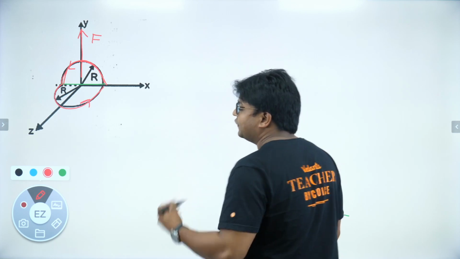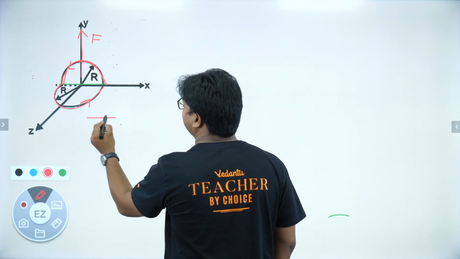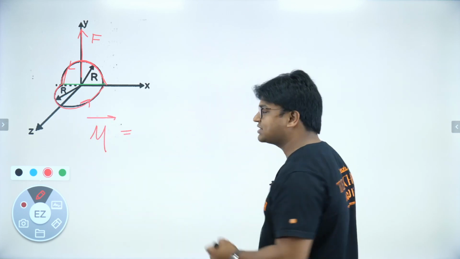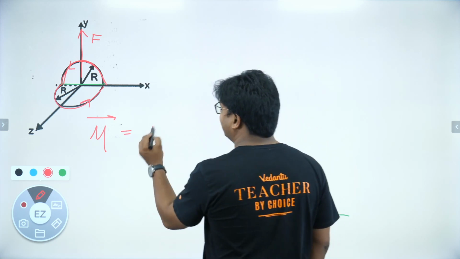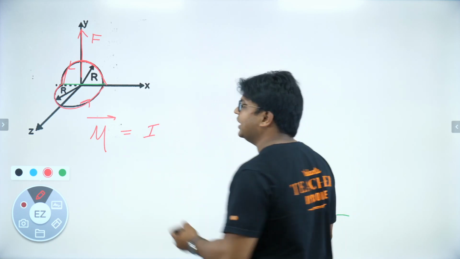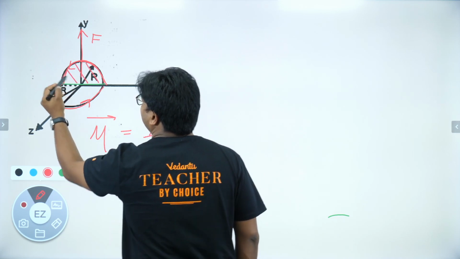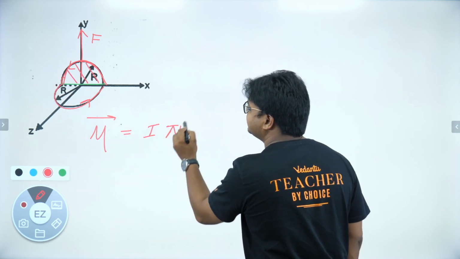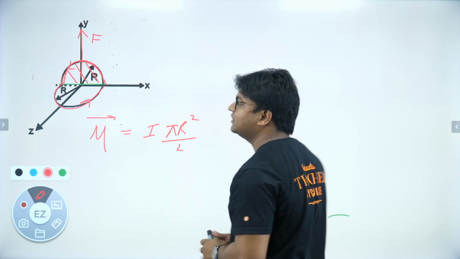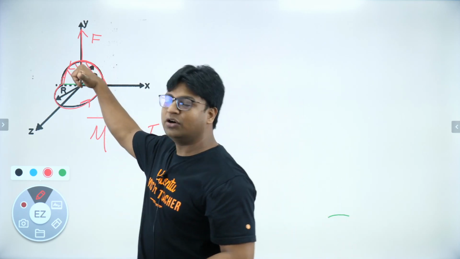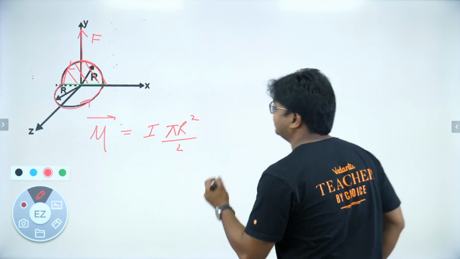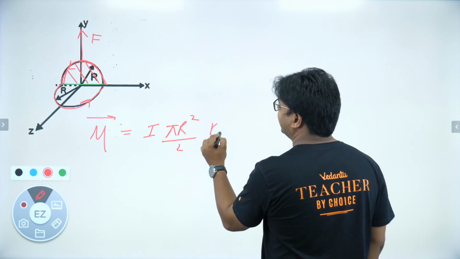For example, if you now ask me about magnetic moment, it is written as current into area. So current is I, let's say. Now what about the area? For this area, the magnitude is pi r square by 2, and the area vector will be considered along positive z axis, so k cap.